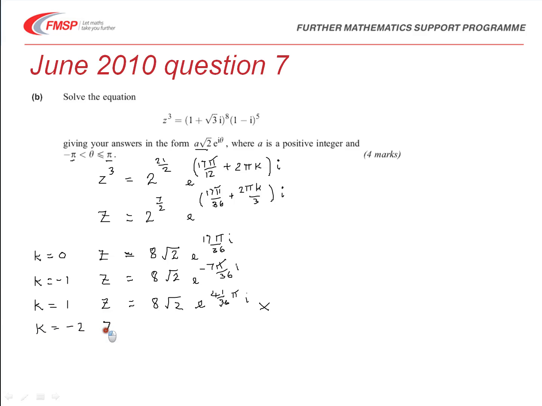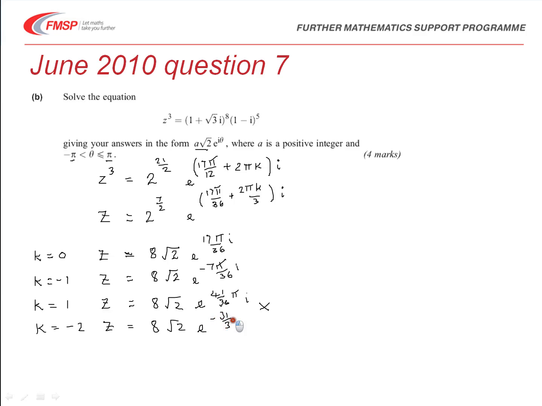The answer is there. Don't prejudge yourself, jump to conclusions, be careful to check you get the right set of values. So this is going to become 8√2, and so we're subtracting 4 pi over 3, which when you multiply by 12 is 48 over 36. So 17 minus 48 is minus 31 over 36.